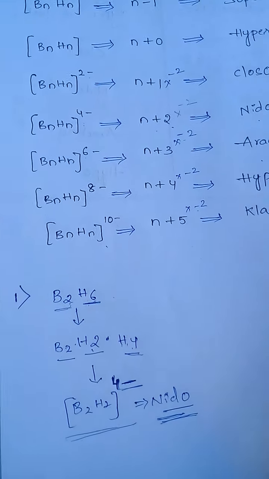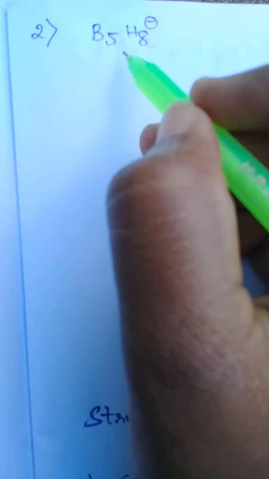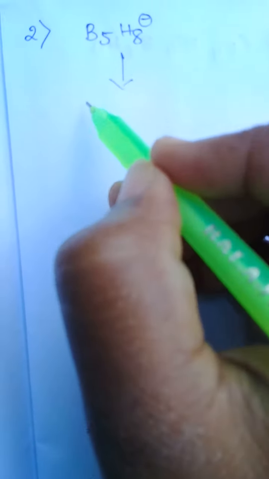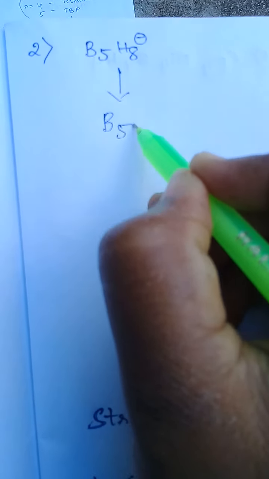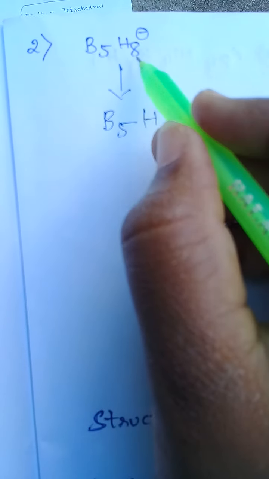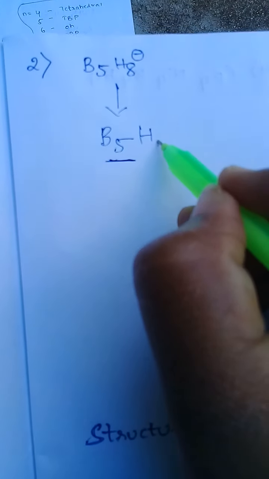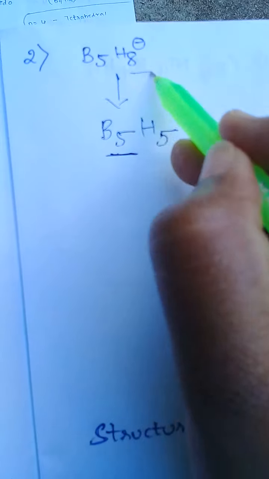And the next example, B5H8 minus. How many borons are there? 5, and hydrogens 8. We write the hydrogens equal to the borons, so 5 borons means 5 hydrogens, and the remaining hydrogens are 3.